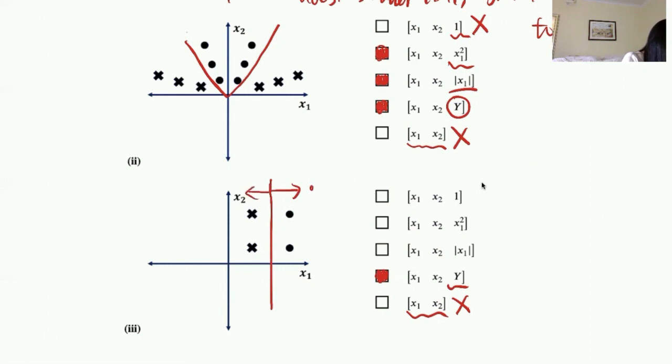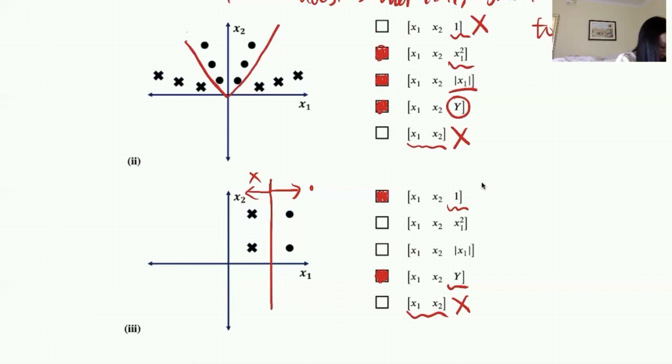Otherwise, they are crosses. So if we also allow the decision boundary to not pass the origin, then the first choice is also correct.